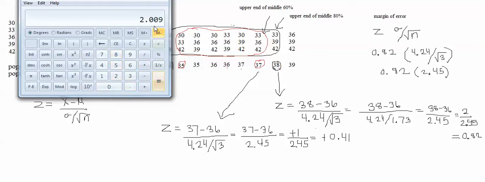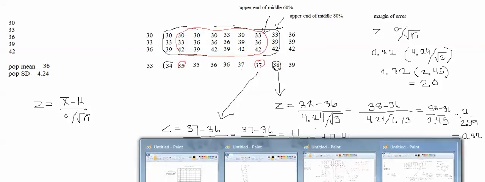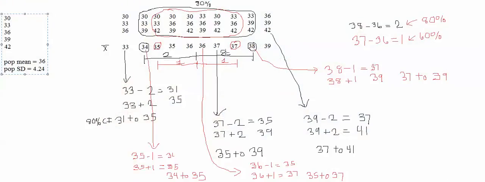So it's 2.009, which is very close to 2. We can just round it and say that it's 2. So this formula gave us the 80% margin of error. It gave us the same margin of error that we had way back here, which was the number 2. So it's just another method for finding the 80% margin of error.